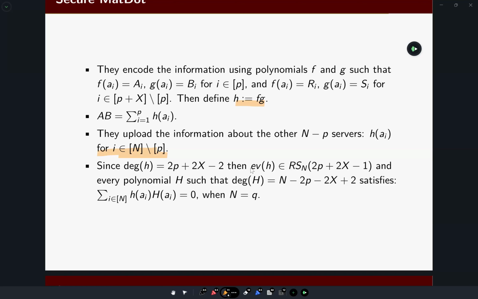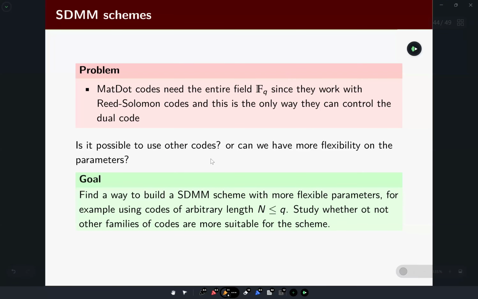But since we have control on the degree of the polynomial, we can find a polynomial of a given degree that satisfies this equation because it is in the dual code of the Reed-Solomon code induced by little h. Now, if we have this equation and we can have h to be constant on the set that we want, then we can retrieve the first P symbols. And basically, that's what they do.